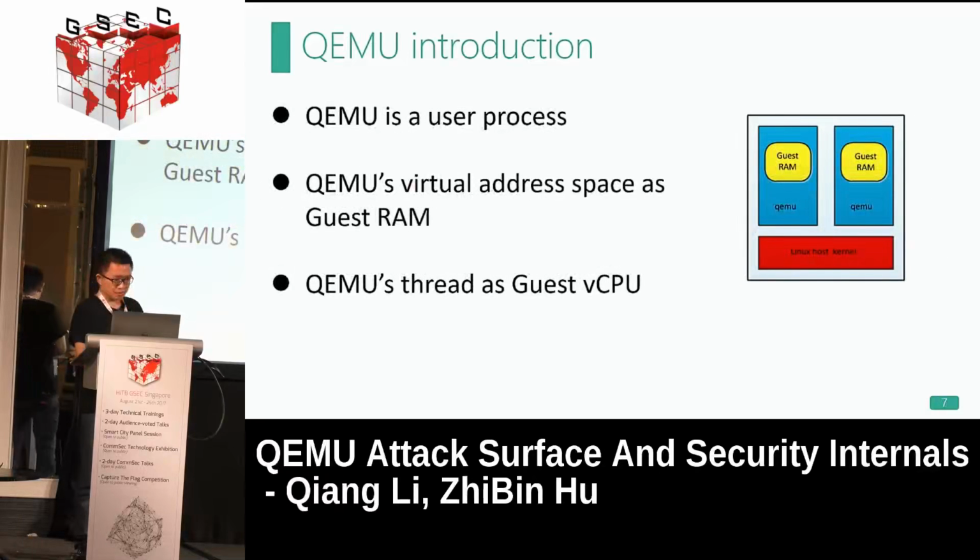Okay, so this is a brief on QEMU. QEMU is just a user process, like normal processes. The QEMU process's virtual address space is used as the guest RAM. And the guest virtual machine's CPU is mapped to a thread in the QEMU process.